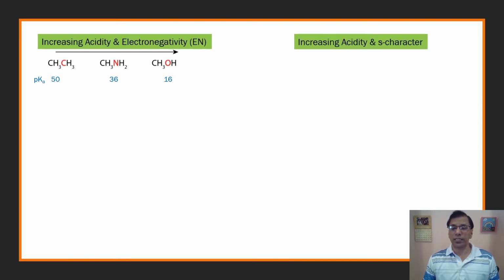Let's look at the second factor, which is the s character. The 3 molecules we'll be considering are methane, ethene, which has 1 double bond, and ethyne, which has a triple bond.